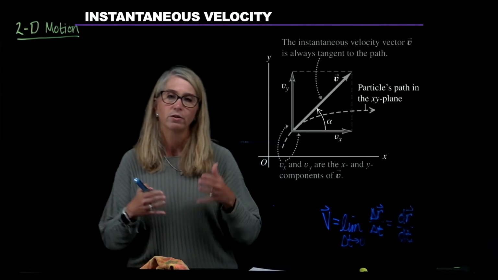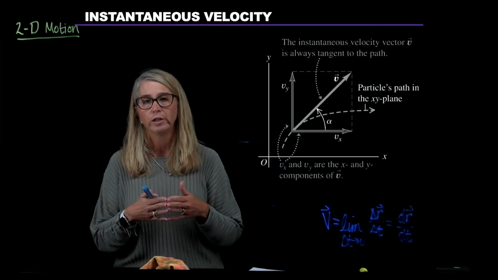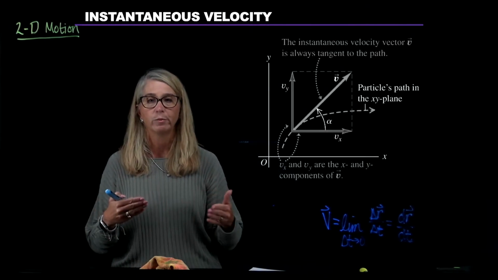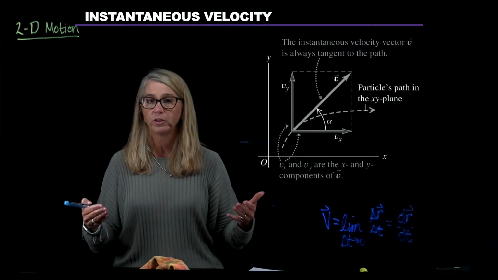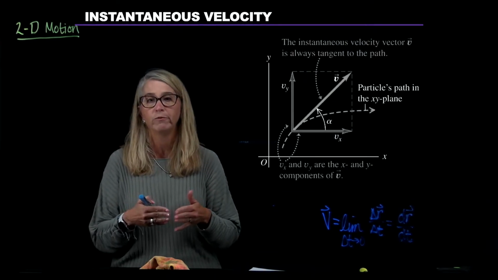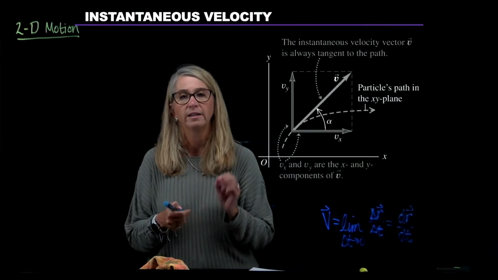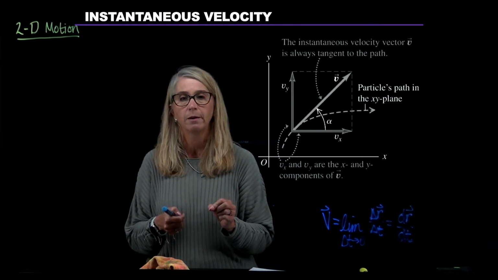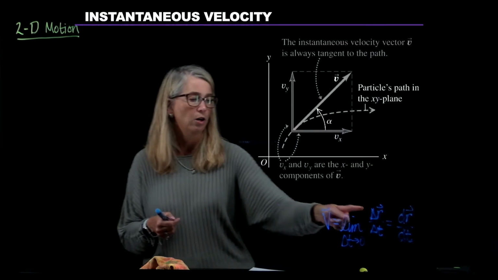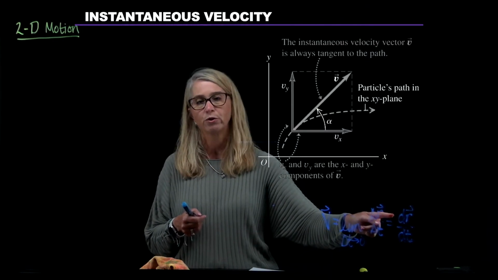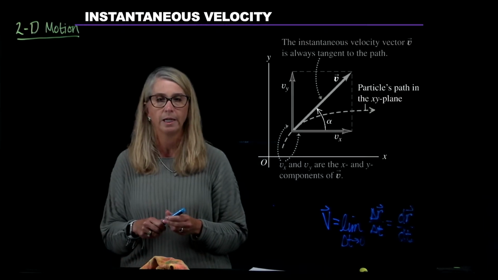That is because we're not looking at the change in the displacement over an interval of time, but we're letting that interval become very, very small because we want to know what's happening at a particular instant in time. And so the delta R over delta t changes to the derivative of R with respect to t.